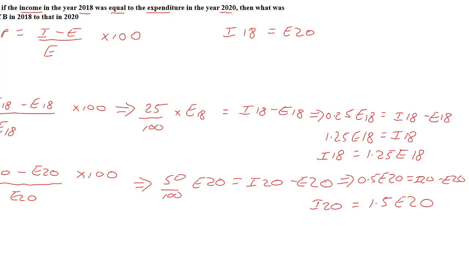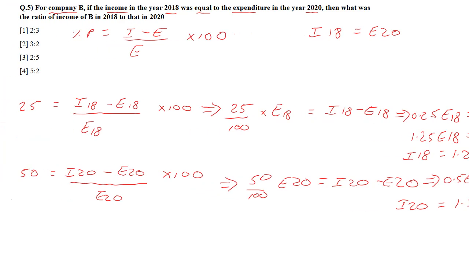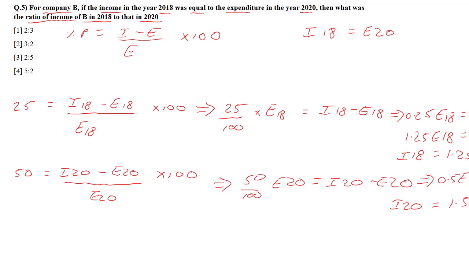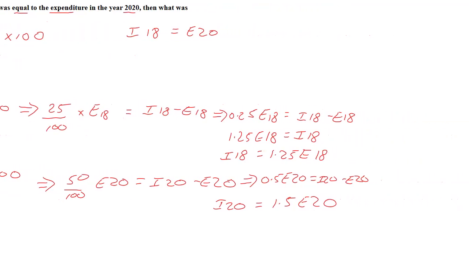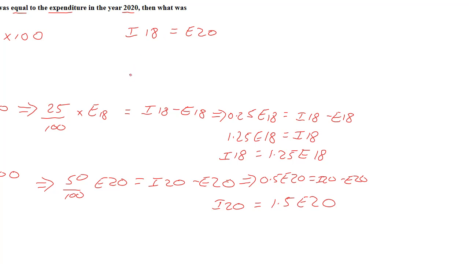Then we have been asked to calculate the ratio of income of B in 2018 to that in 2020, to income in 2020. And we have equations which will help us to reach the substitutions here.